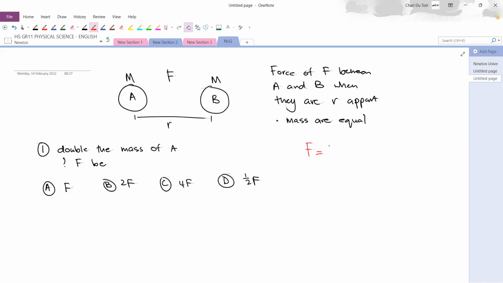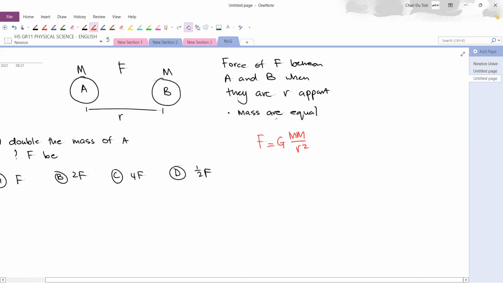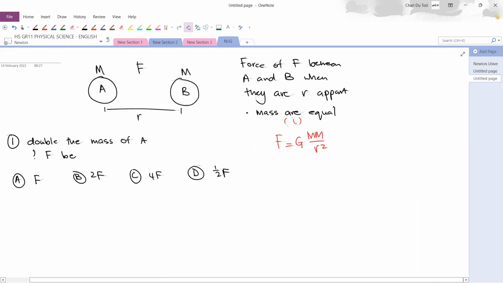This equation, F equals G M M over R squared. Let's say initially, that's the equation. That's what it was at the beginning, before we doubled something. Now we're just going to do the following. I'm just going to say the one mass doubles, so it's 2M now, times M over R squared. So I'm going to take the 2 and put it in front.